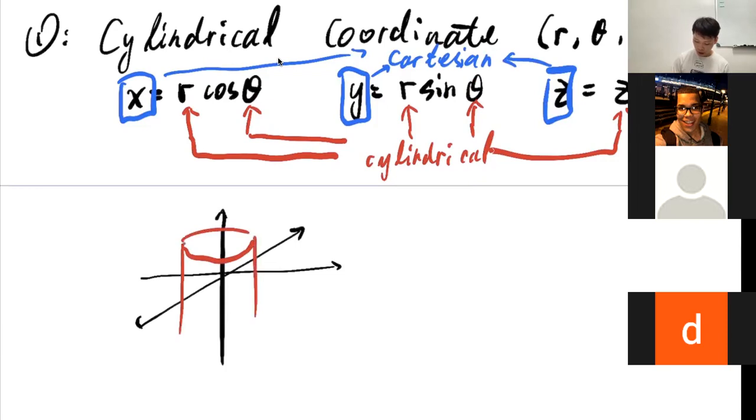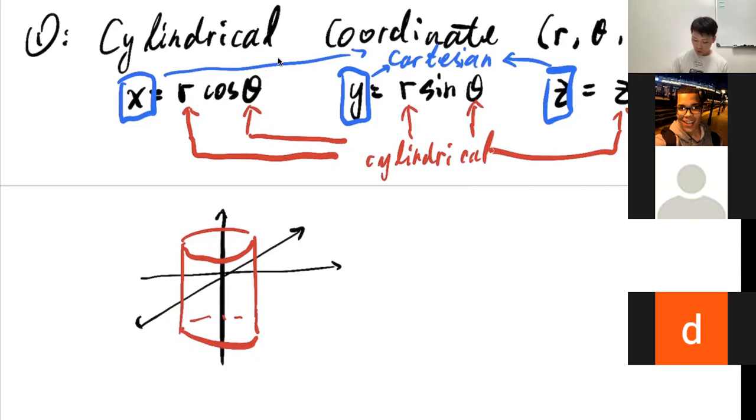Why is it called a cylindrical coordinate system? Because it best illustrates points in a cylinder in R3.